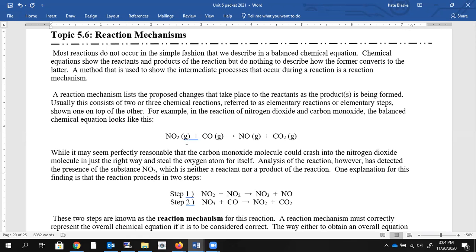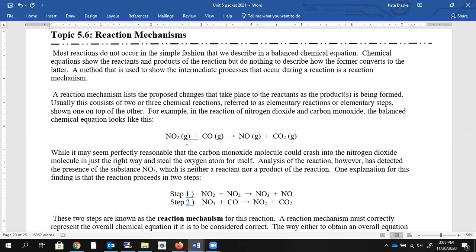But in order to get to those products, we might have to go through several different steps. For example, we've got nitrogen dioxide and carbon monoxide reacting to form nitrogen monoxide and carbon dioxide.